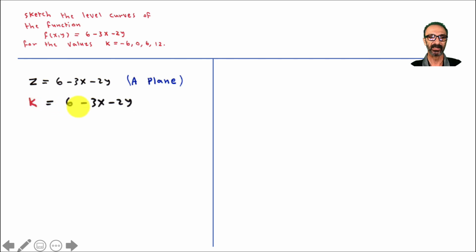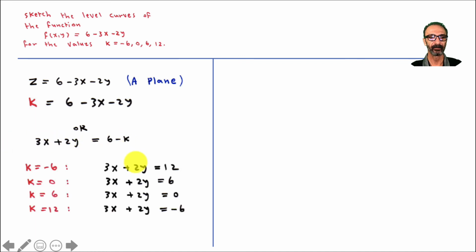When k equals 6 minus 3x minus 2y, you put k for z, then I'm going to use these numbers. Rewriting it, I could write the x's and y's on the left, and I'll put k next to it as 6 minus k. That's one option, just to see it's a straight line.